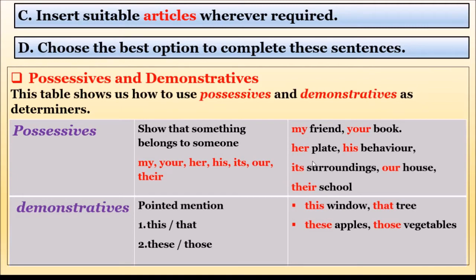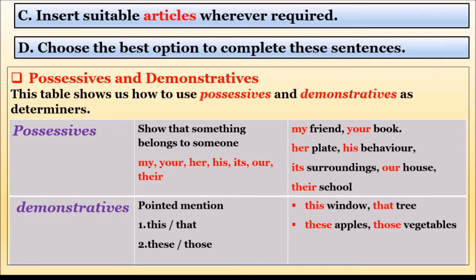Okay. Next is demonstratives. What is meant by demonstratives, guys? It is also called demonstrative adjectives.